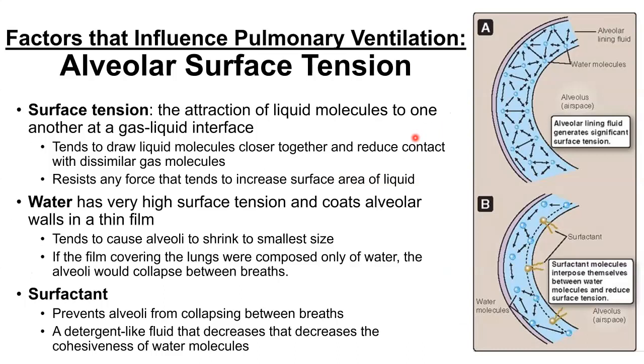The definition of surface tension is the attraction of liquid molecules to one another at a gas to liquid interface. The way I like to describe this is to think about a pond.